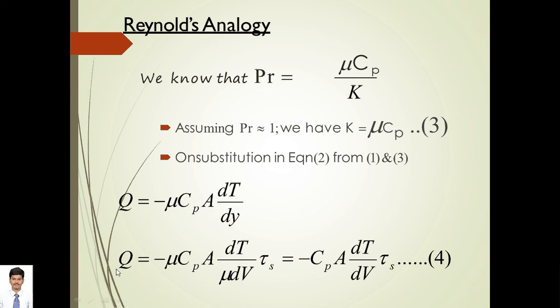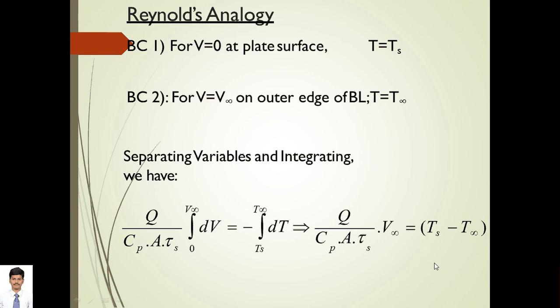That is Q is equal to minus mu Cp A dT upon (mu dV divided by tau s), that is minus Cp A dT upon dV into tau s. Let's say equation number 4.